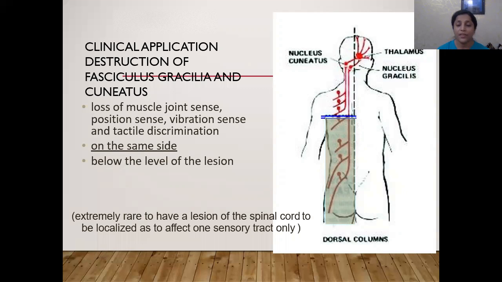So in case there is an injury at any particular level in the spinal cord, then on the same side, we know it's ipsilateral in the spinal cord, so on the same side of the injury, below the level of the lesion, there will be loss of muscle and joint sense, the sense of position, that is proprioception, sense of vibration, and tactile discrimination, that is 2-point discrimination.